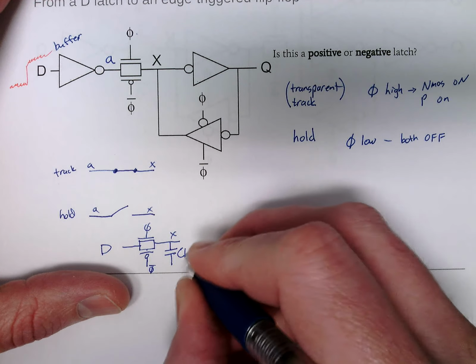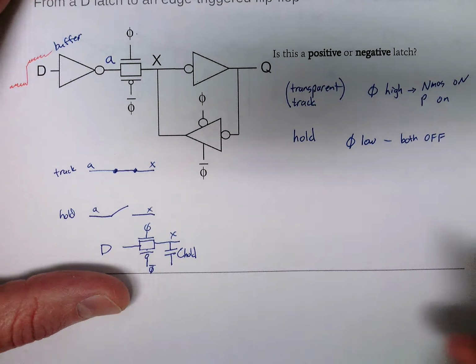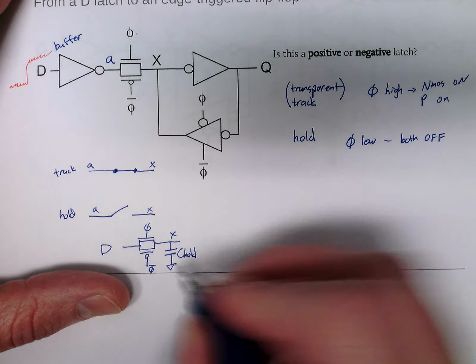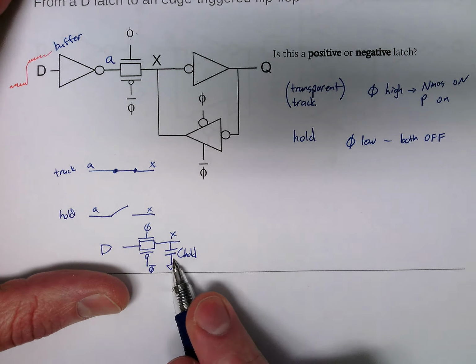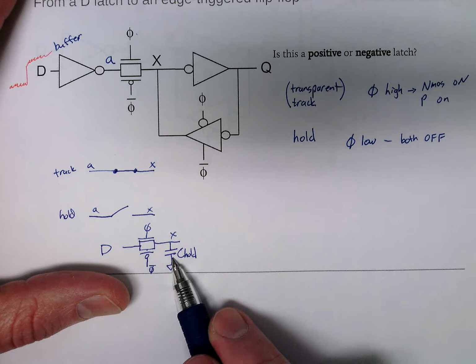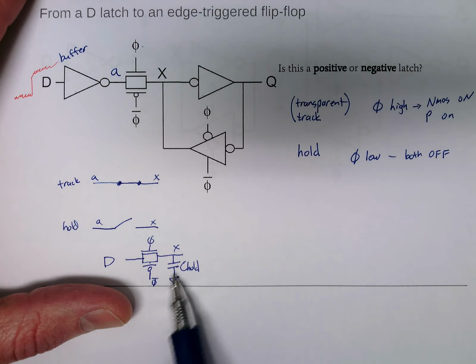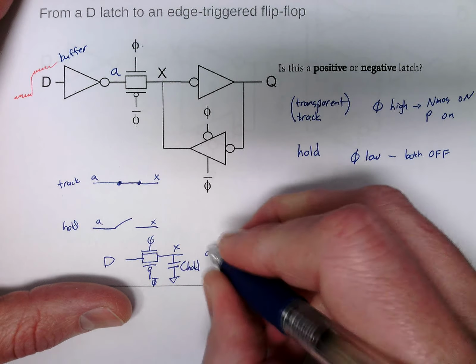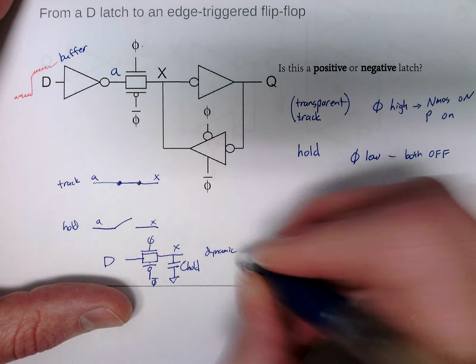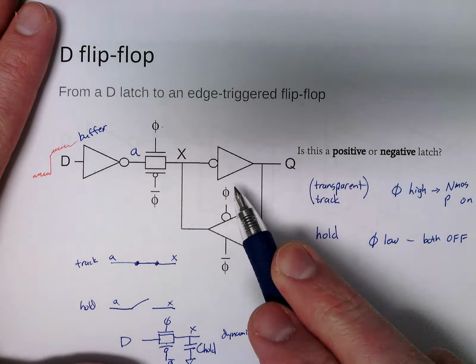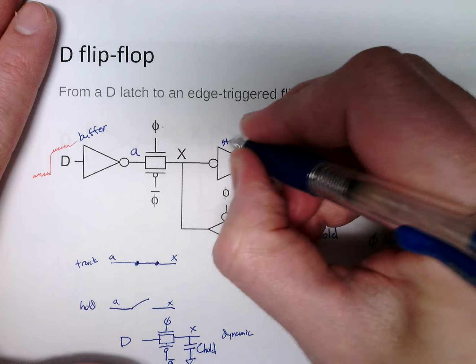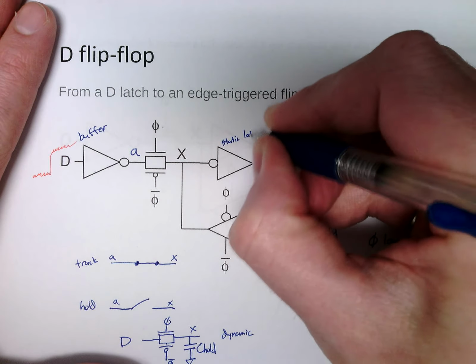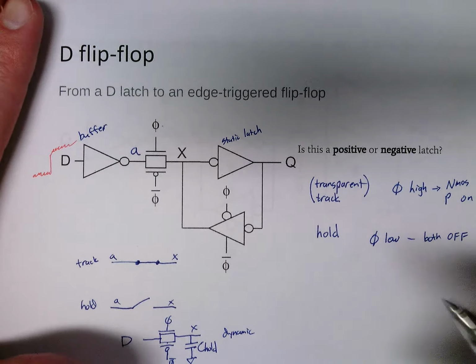I'll call this C hold. This capacitance is just at this node anyway, and we're relying on this capacitance for a dynamic latch. And when we add this, it turns into a static latch, because it holds there.